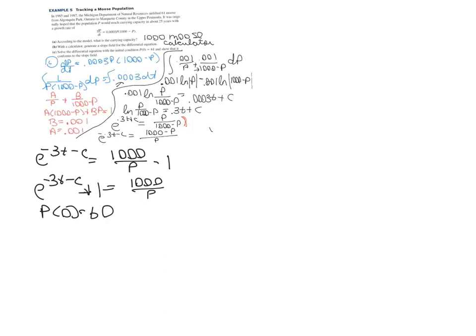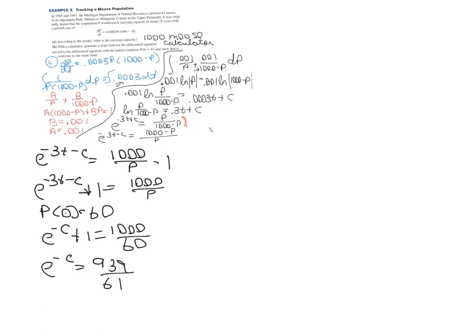And so what I have now is I've got e to the negative c, because when I plug in 0 for t, I just get negative c, plus 1 equals 1,000 over 60. So I end up with e to the negative c is equal to 939 over 61.